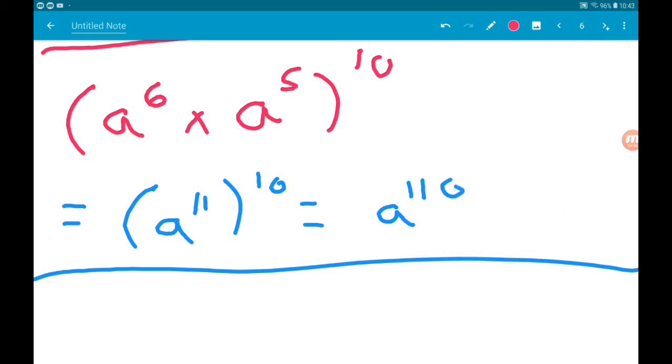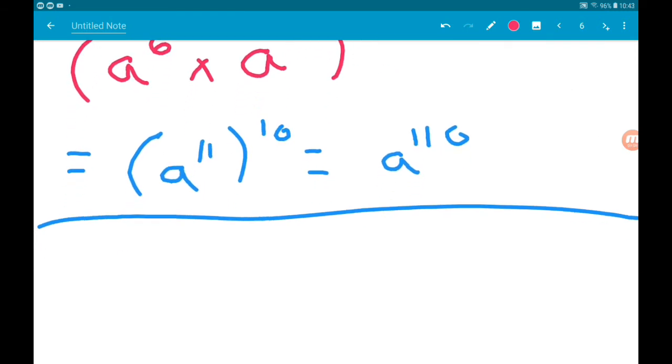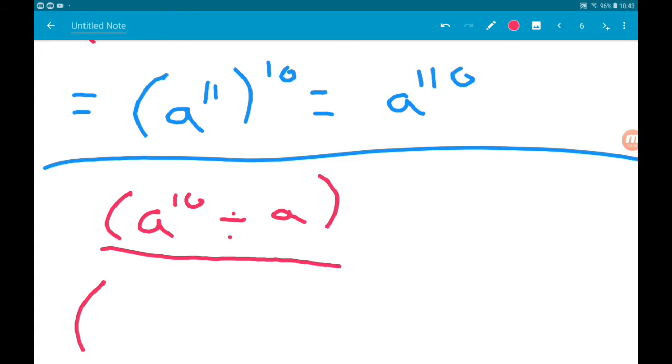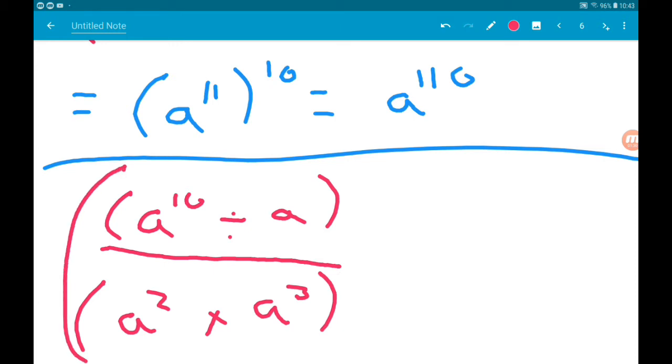Let's go for a to the power 10 divided by a over a to the power 2 times a to the power 3, all to the power of 2.